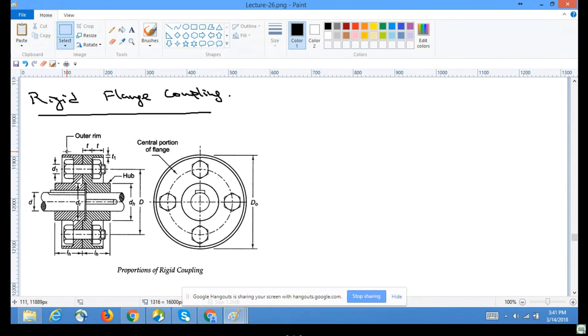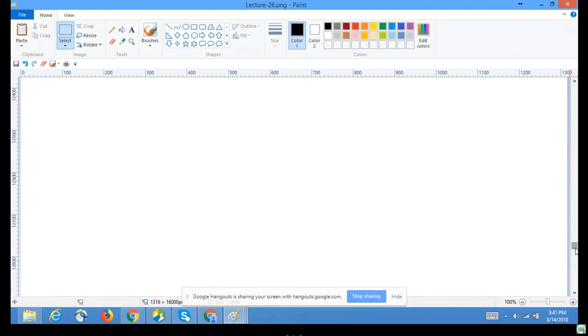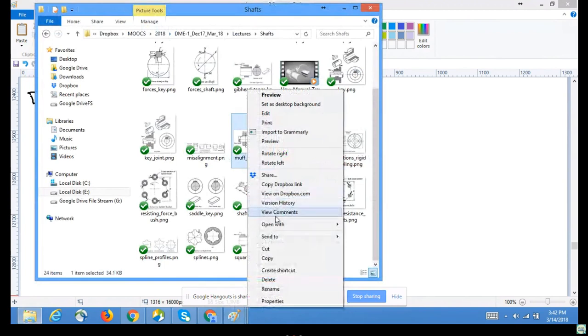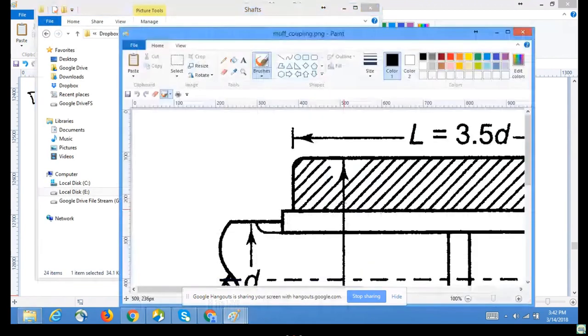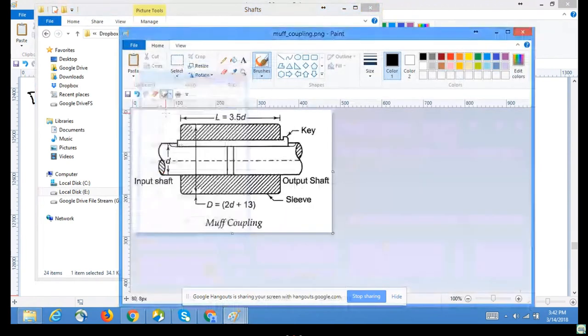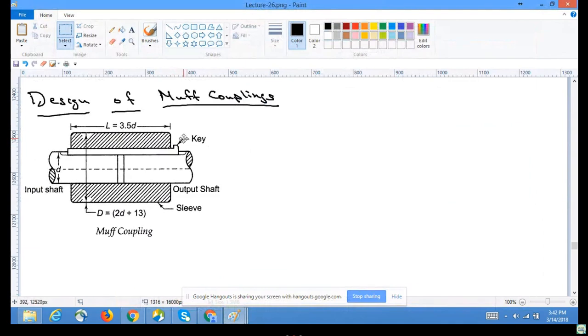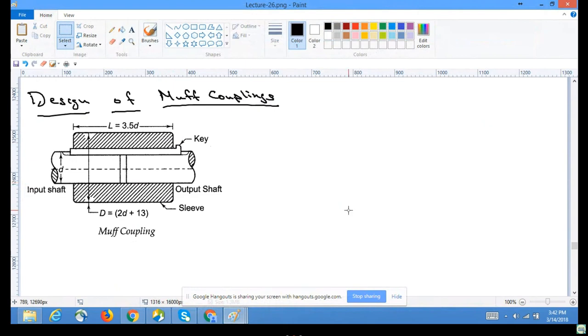So the muff coupling is as follows. In the muff coupling, it is the simple form, as you have seen.